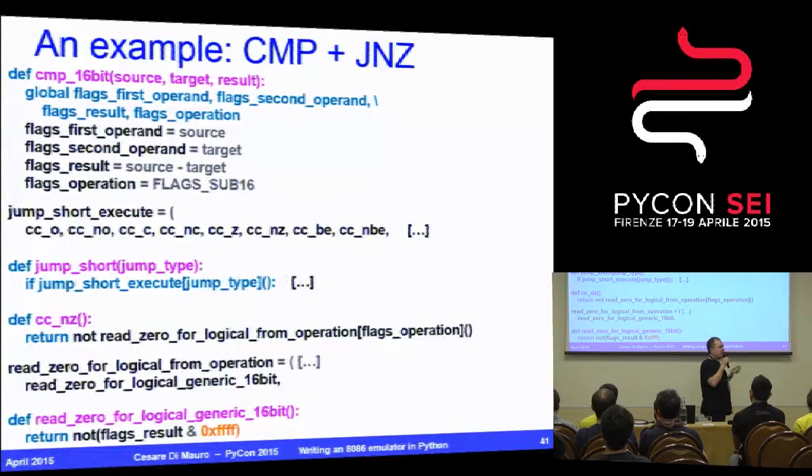But when I have to execute the jump instruction, the jump is conditional. So I need to check if the zero flag is not 0. What I do is basically, based on the specific condition, I decide to read only the flag which I need. I need to calculate the flag value.